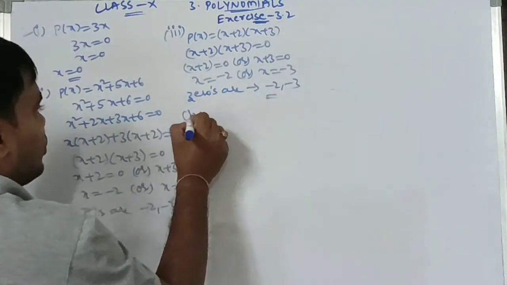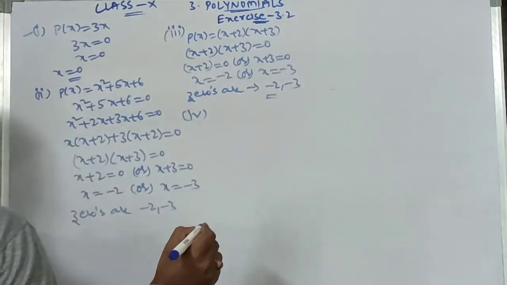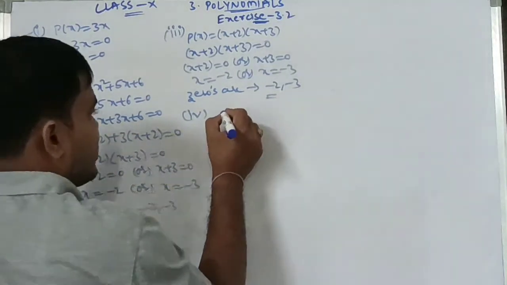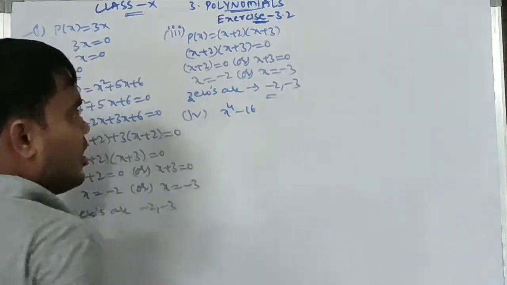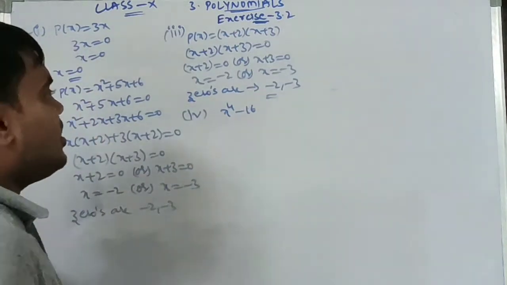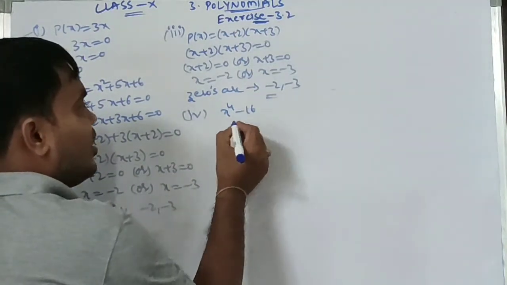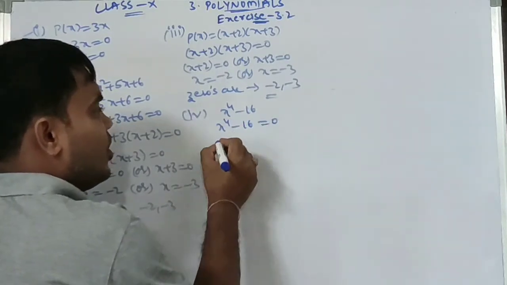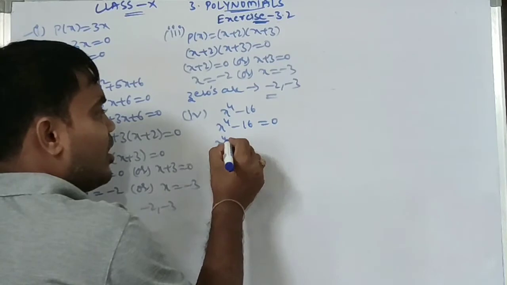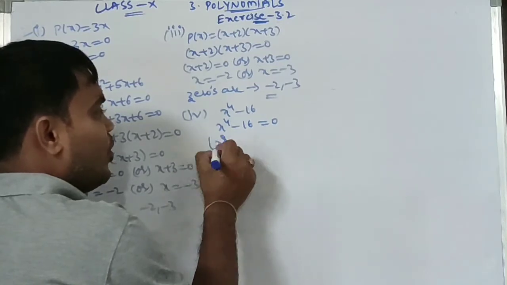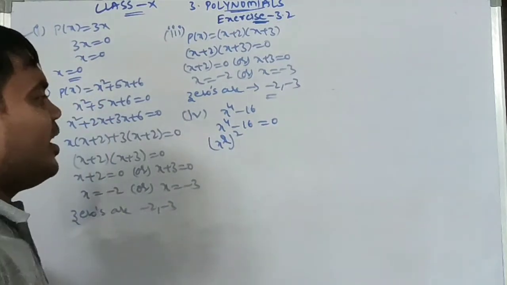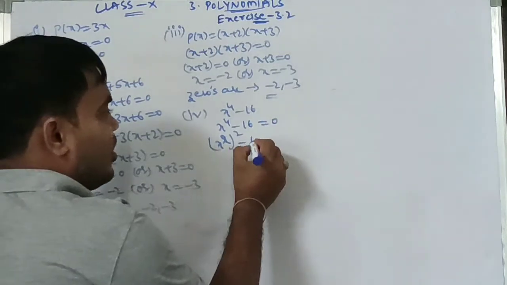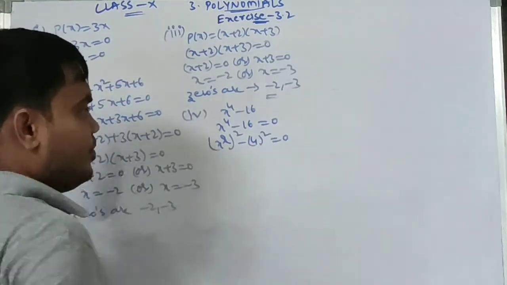Next, the fourth question is x power 4 minus 16. If we take x power 4 minus 16, I want to make this equal to 0. x power 4 minus 16 equal to 0. I am writing x power 4 as (x square) whole square, minus 4 square, equal to 0.